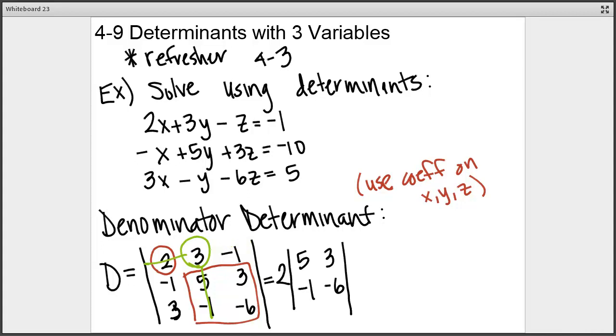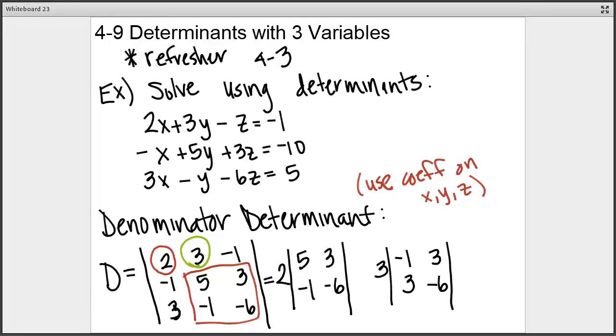I'm going to erase the cross out so that I can see it later. All right, so what does that mean for us? The next thing I'm going to write is a 3. And I'm going to write the determinant, and the numbers I get are -1 and 3 with 3 and -6.